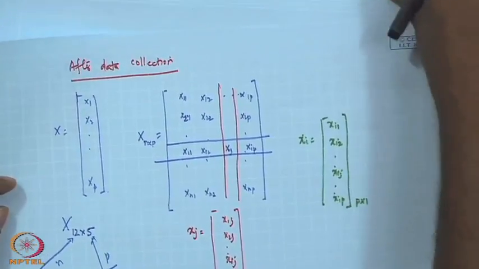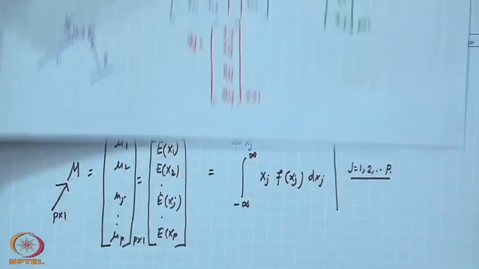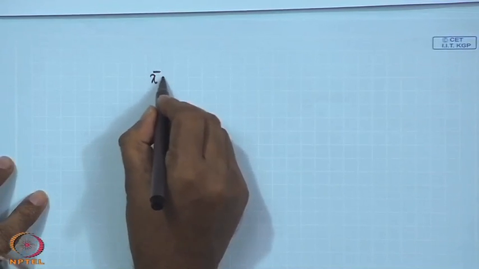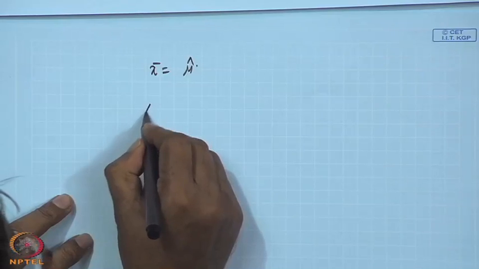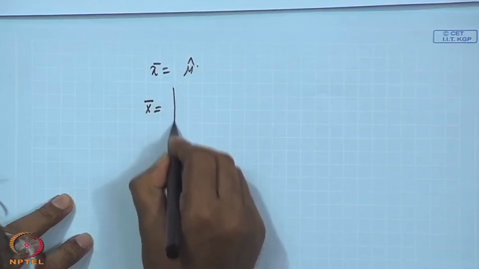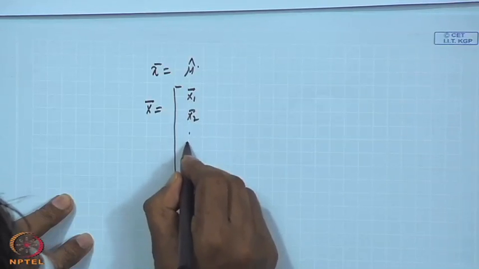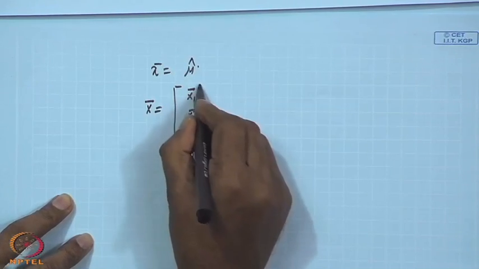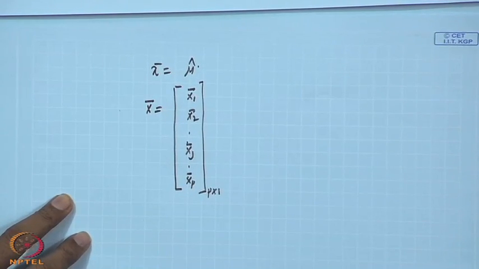We want to compute the average value only, because we have seen in the univariate case that x bar is the estimate of mu. So, in our case we write x bar, which is nothing but x 1 bar, x 2 bar, x j bar, x p bar, that is the p variable average vector.